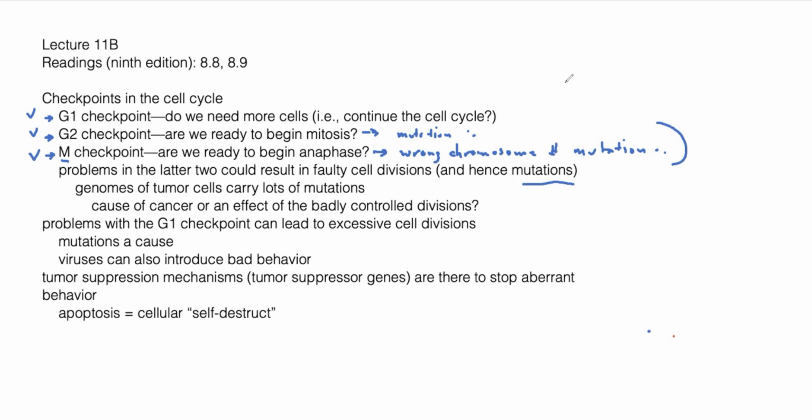And so the idea here is that badly controlled cell divisions can lead to mutations. And this is one reason why cancer cells are going to have mutations. That makes kind of sense to you, right?